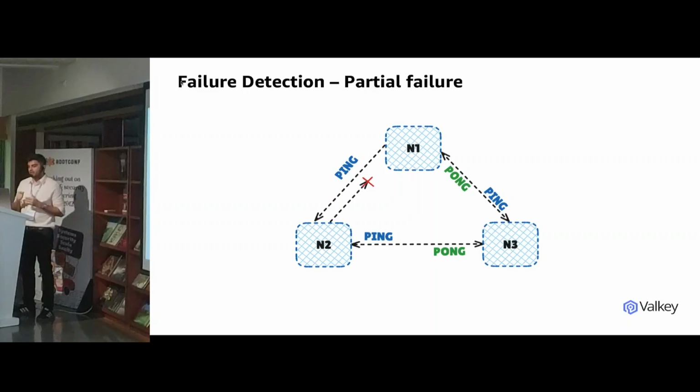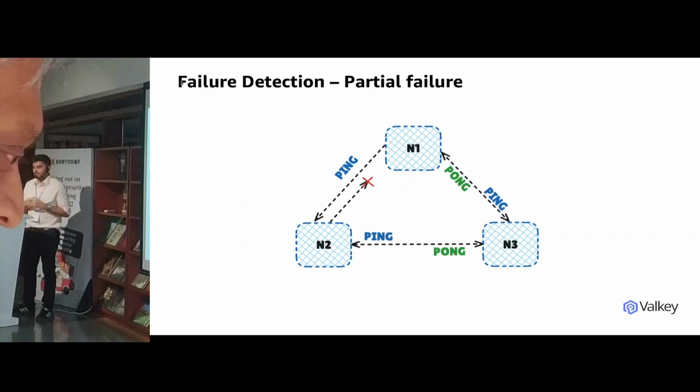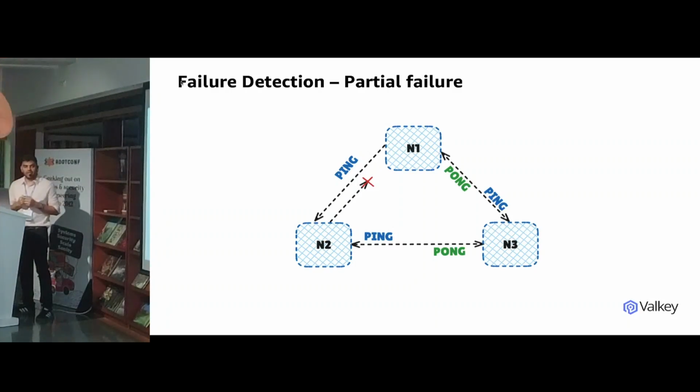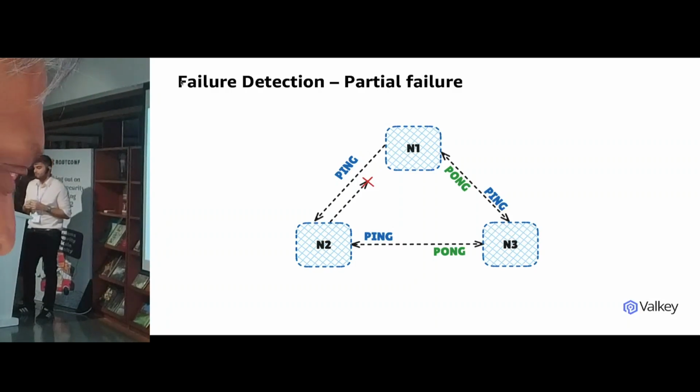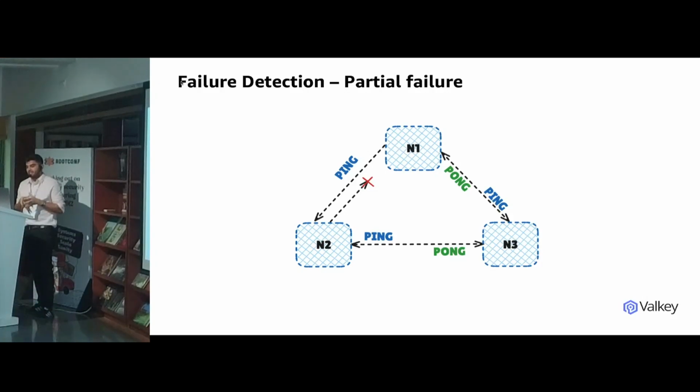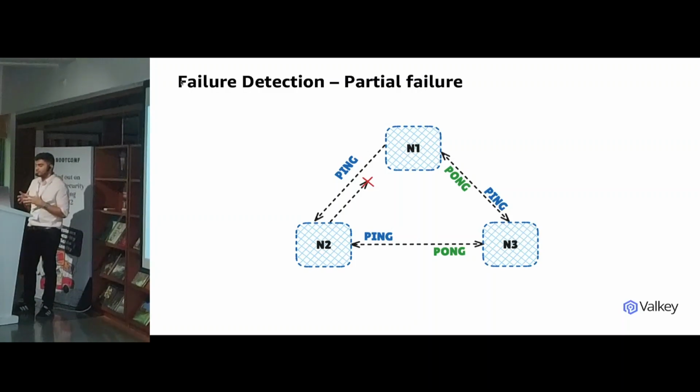But N2 is not able to connect to N1 due to some network glitch, and N1 is trying to send a ping to N2 and is not receiving a pong back. However, N3 here, the node is active and able to communicate with N1 and N2. So as per that node's view, both of these nodes are healthy.